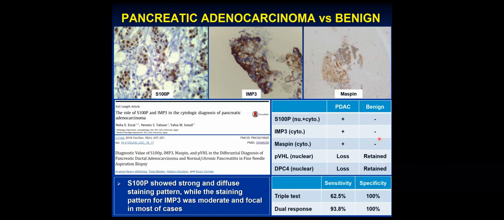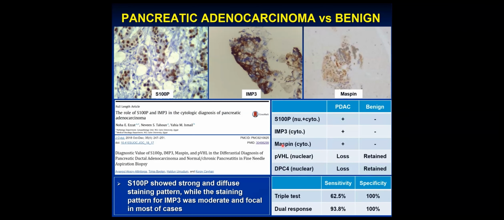So, pancreas. Differentiating pancreatic ductal adenocarcinoma from its mimics such as pancreatitis sometimes poses a challenge in cytology, as we know. Studies have indicated that a few markers, S100P, IMP3, mesothelin, and pVHL and DPC4 or SMAD4, can serve as surrogate biomarkers aiding in this differential diagnosis.